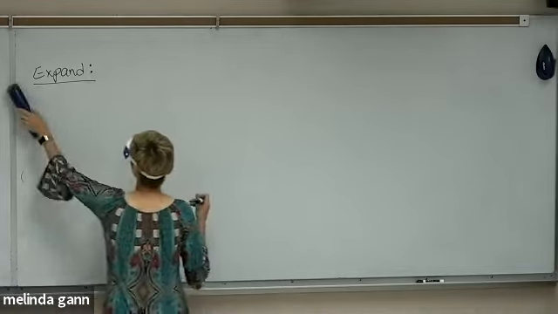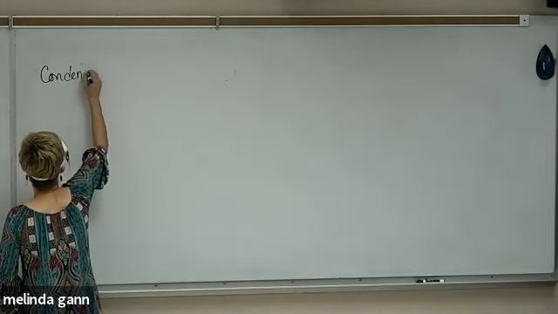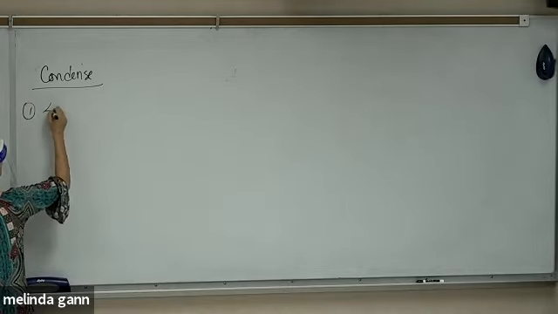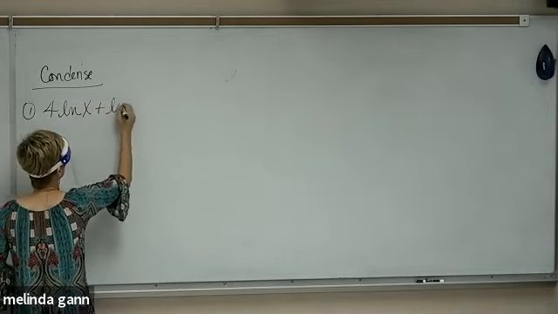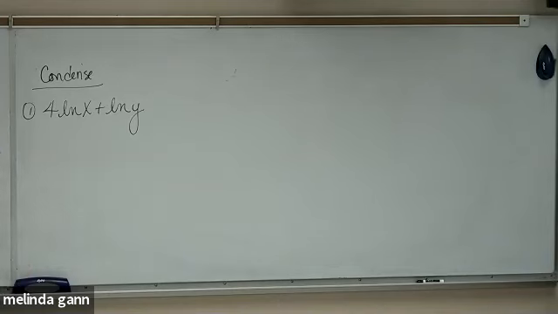All right, so what if they say this? Condense. What if they give you one that's fairly simple? So condense that: 4 times the natural log of x plus the natural log of y.